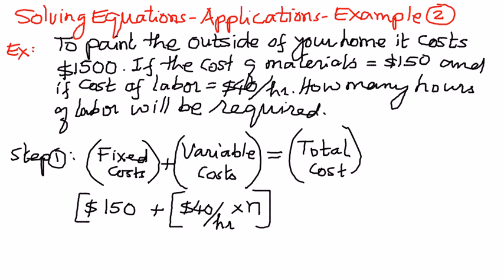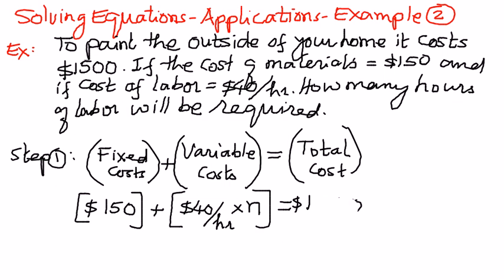So $150 is the fixed cost, that is the cost of materials. And if it costs us $40 per hour, and if the person works for n number of hours, we need to find what n is. How many hours does it take for the person to paint the house? And the total amount is going to be equal to $1,500.